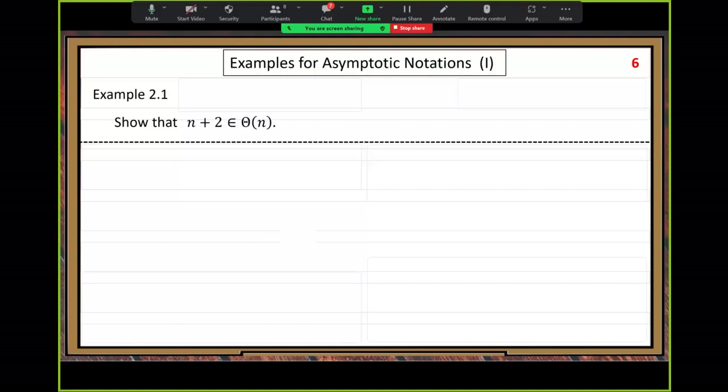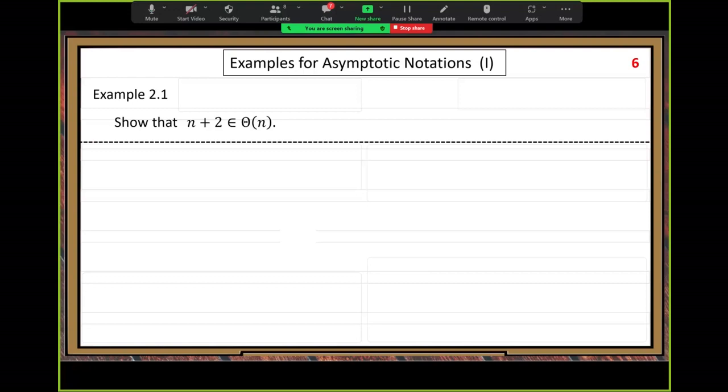We want to show this function belongs to big theta of n. So the g function is just n. Big theta, we know its meaning: upper bound and lower bound, right? C1 and C2, C1 for the upper bound, C2 for the lower bound.